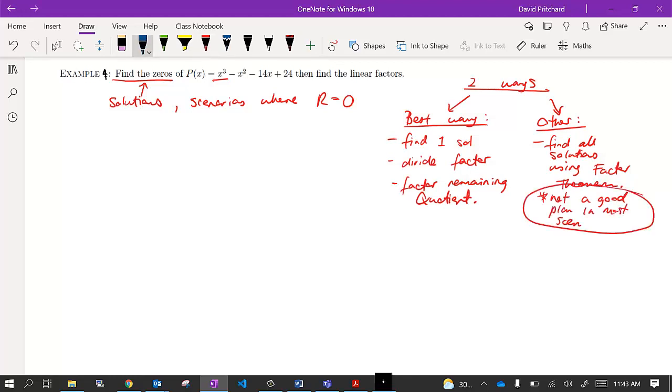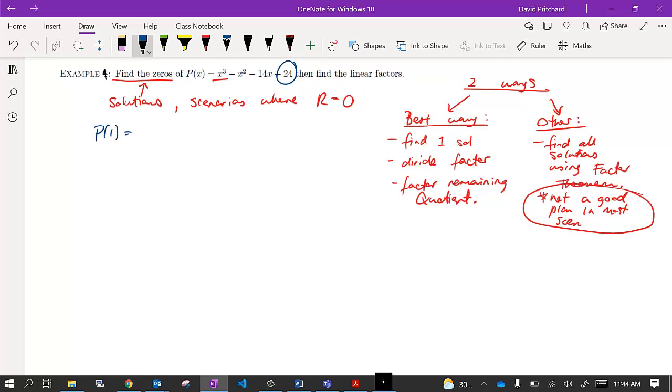What I'll do is I'll use the other way for this one, and then we'll use the best way in the next example. So really the idea is that we start subbing in values. So 24 here, the only possible solutions are factors of 24, so we can look at positive, -1, positive, -2, 3, and so on. So let's start by looking at 1.